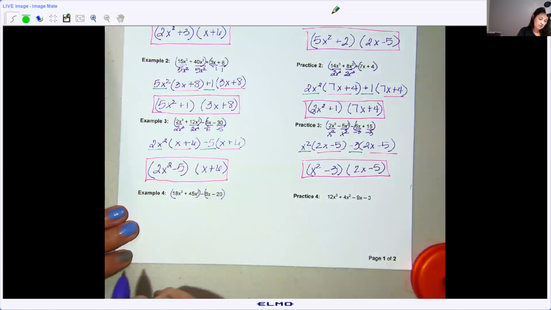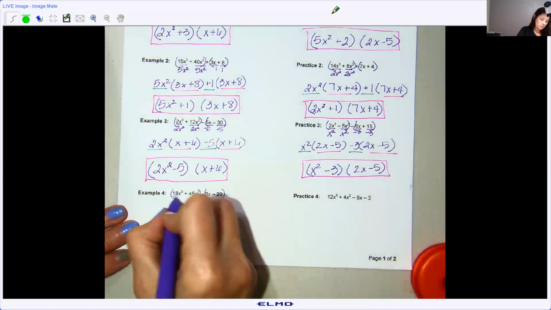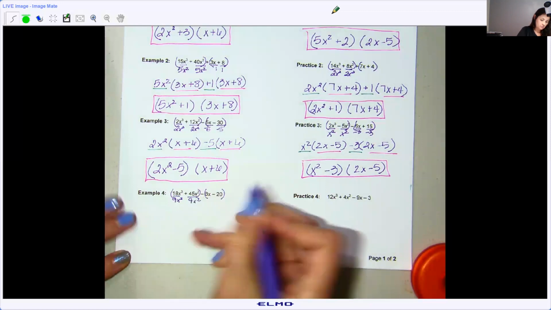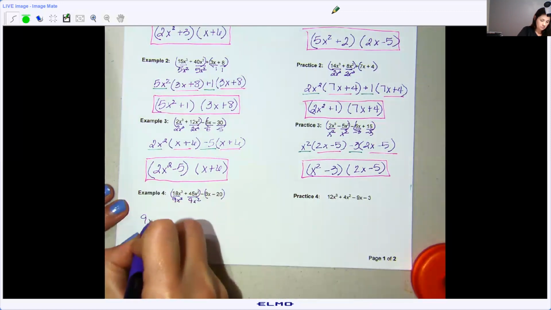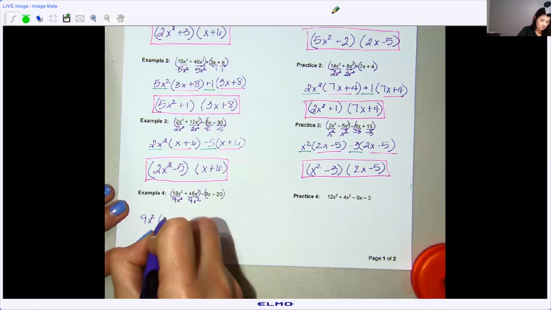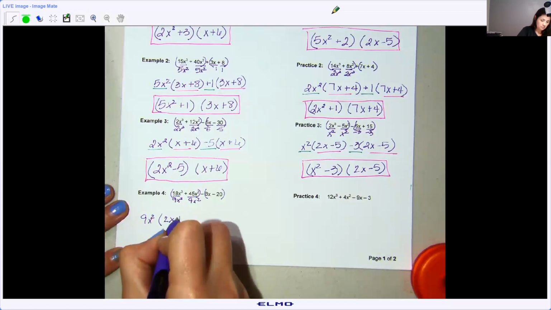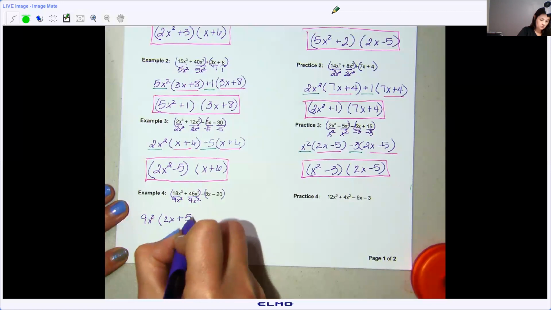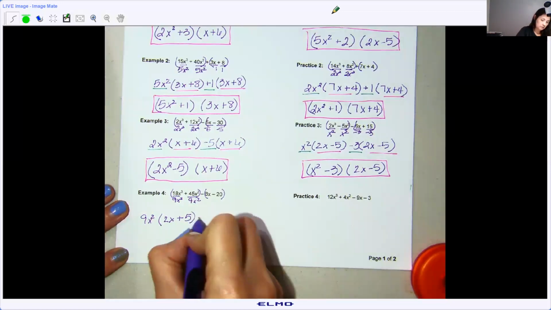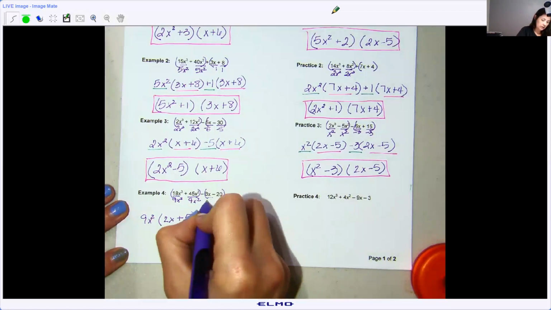For this one, I'm going to take out a 9x squared. And on this one, I'm going to take out a -2.